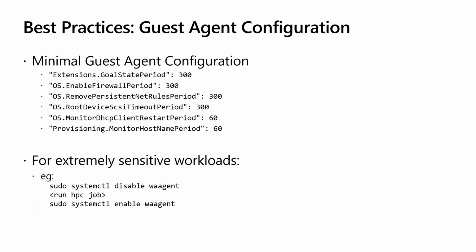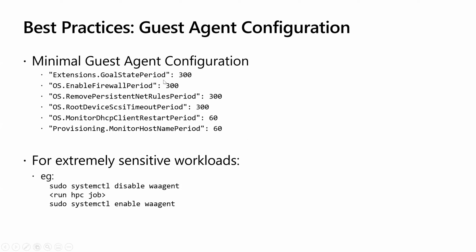In general, the guest agents do not cause any jitter, but for some highly sensitive applications, we can update the guest agent configuration so that any interaction from the guest agent is very minimal. These are the settings exposed in the latest guest agent configuration. We'll be putting this in the HPC images as well, so you don't really have to worry.